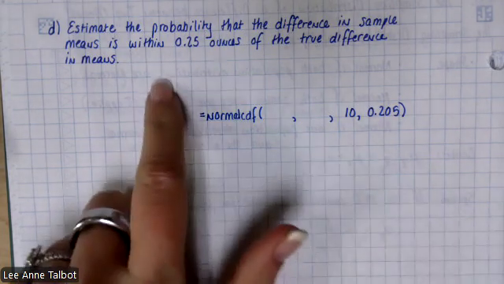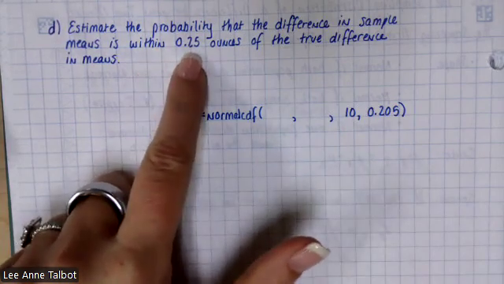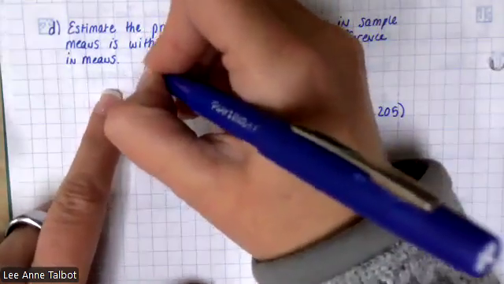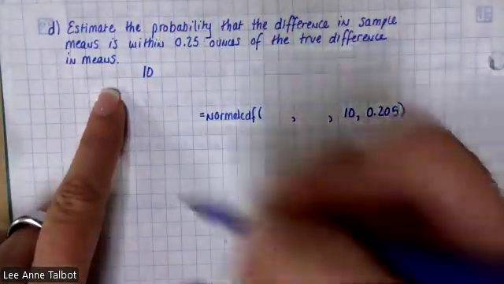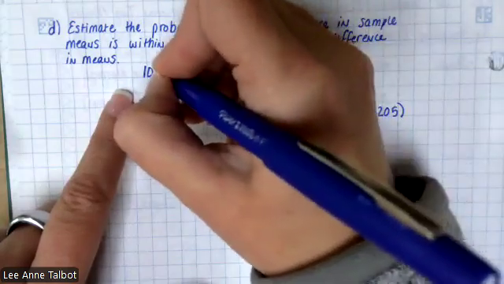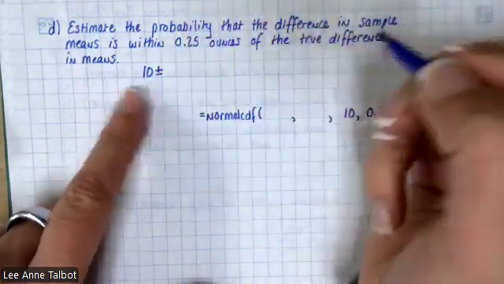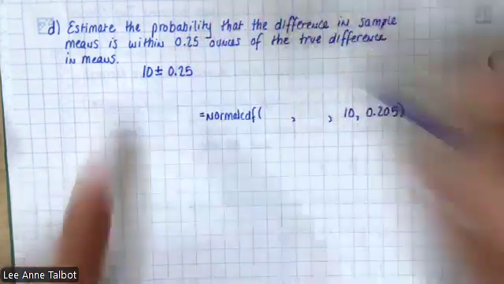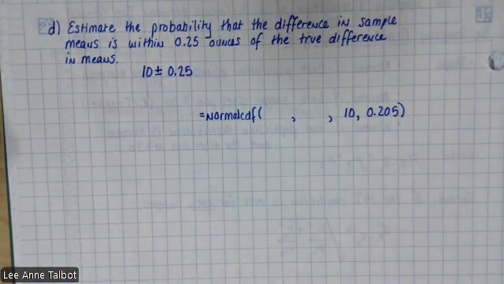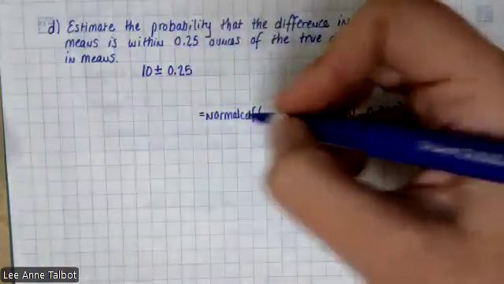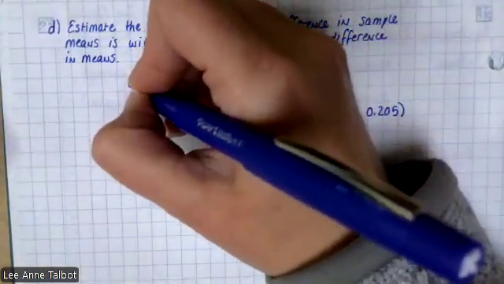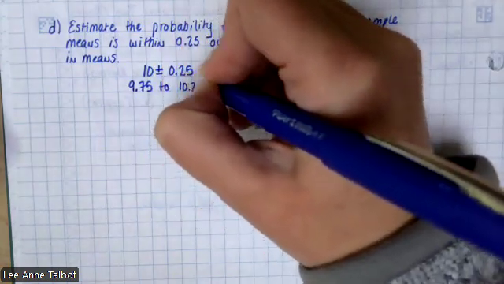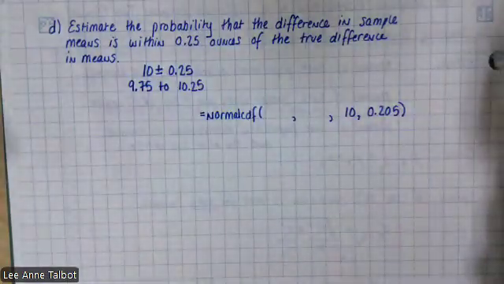Now this says within 0.25 ounces of the true difference in means. The true difference in means was 10. We got that. And within means plus or minus. So whenever you see that within, you have to make that 10 plus or minus 0.25. So my low is going to be 9.75 and my high is going to be 10.25.